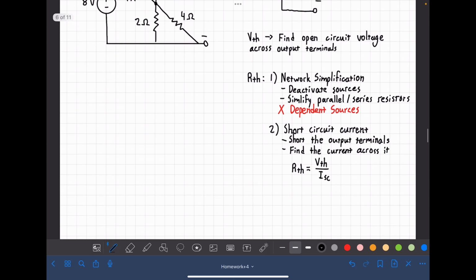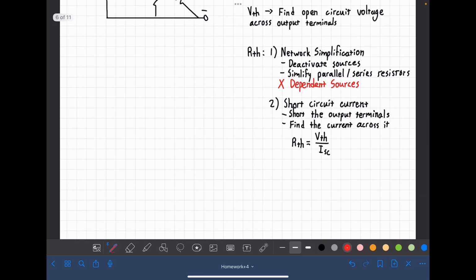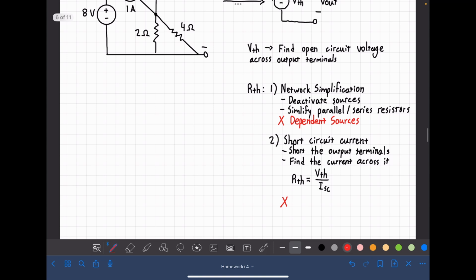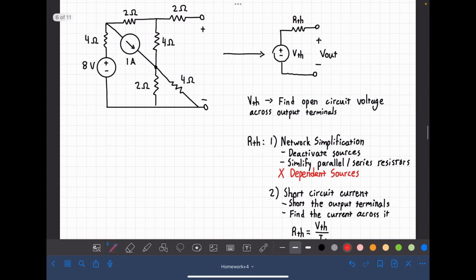Alrighty. And then the third method, oh, no, there's one more thing. There are additional situations where you won't be able to use short circuit current for this.